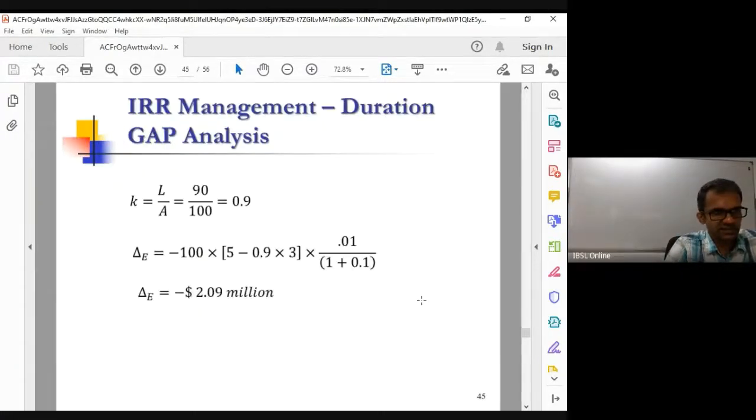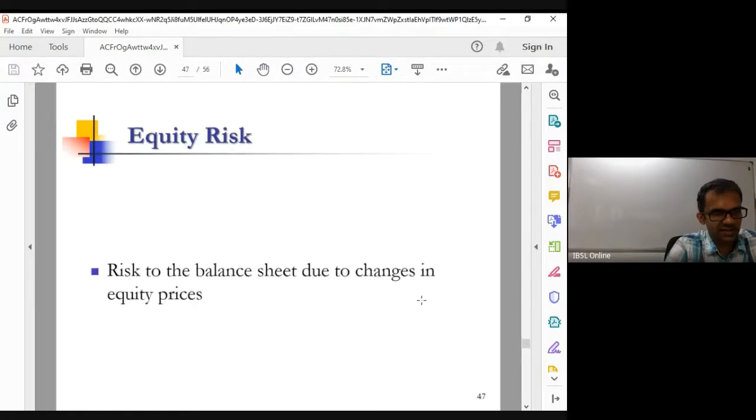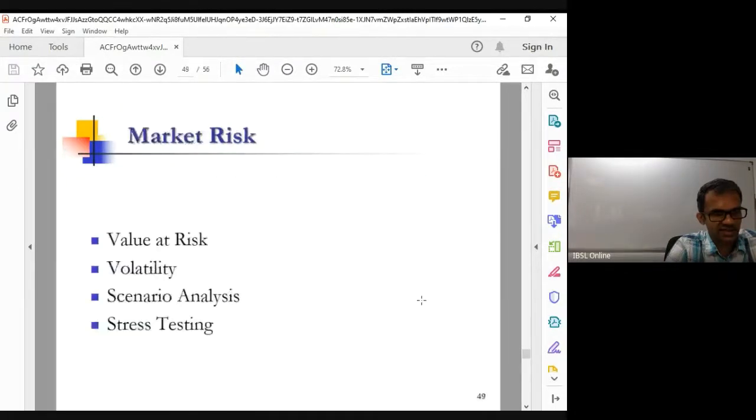So we discuss here market risk with regard to different variables. Market risk we divide into interest rate risk, foreign exchange rate risk, commodity risk, and equity risk.